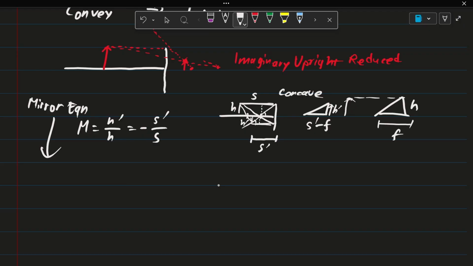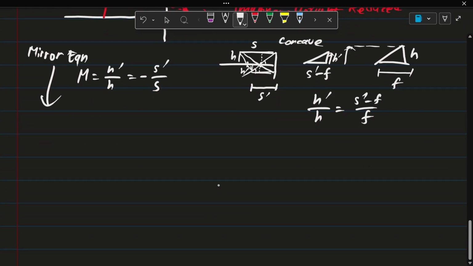So this means we could create an equation. h prime over h is S prime minus f over f. Now we have already determined the magnification. It's S prime over S, which equals S prime minus f over f, so we can develop this further. Multiply both sides by Sf, and you get S prime S minus S prime f equals S f.